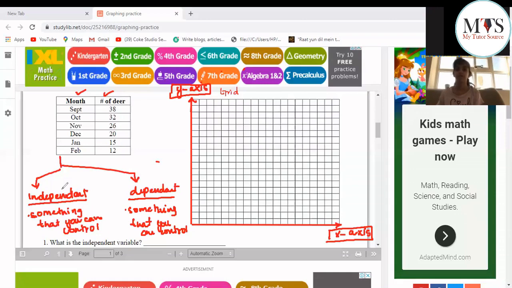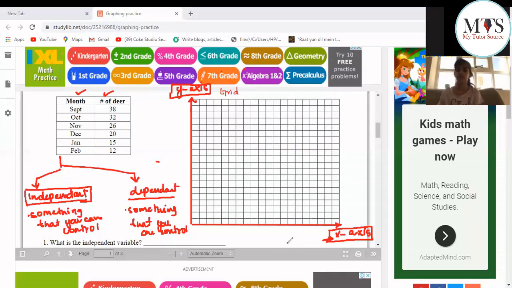Now you always have to remember that whatever is independent is going to be plotted on the x-axis. Okay, so whatever is independent is going to be plotted on the x-axis. Is that understood? Yes. Is there any confusion?